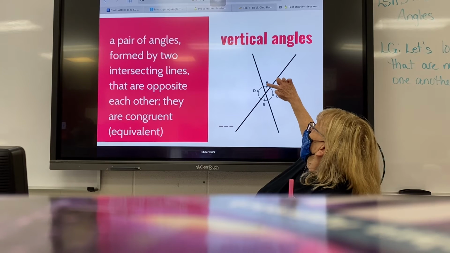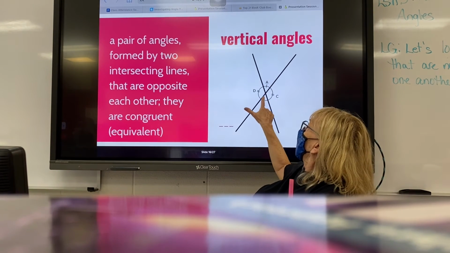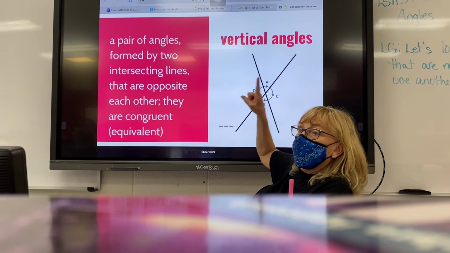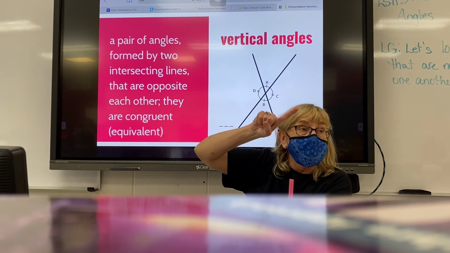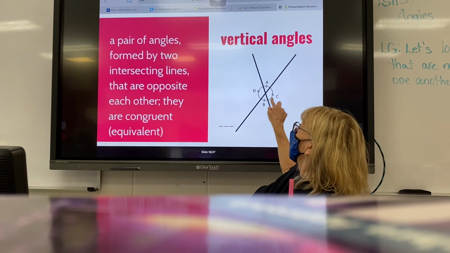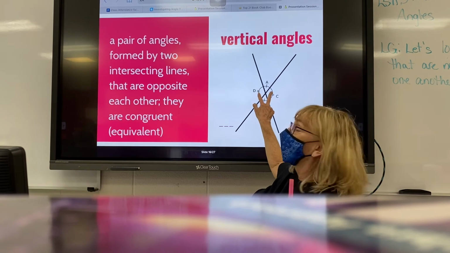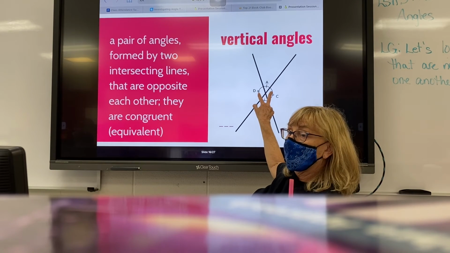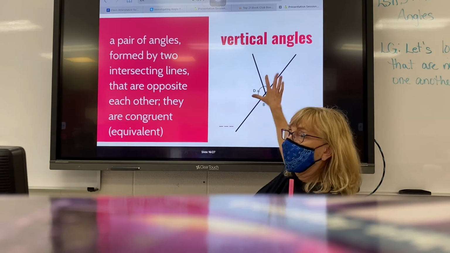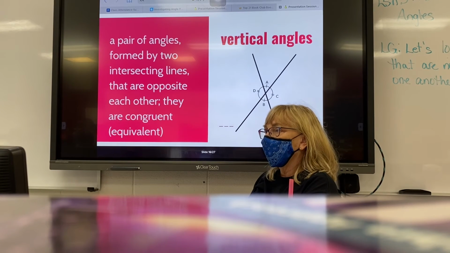So angle A is vertical to angle B. Notice with the arc, they have one tick mark. That means that they are congruent, okay? Angle D and angle C are congruent, and they are vertical angles. So you end up with two pairs of vertical angles when you take two straight lines and intersect them.